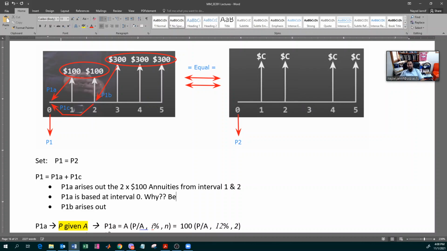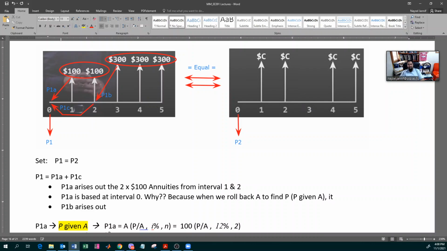Well, because when we roll back A to find P, basically we want to find P given A, right?